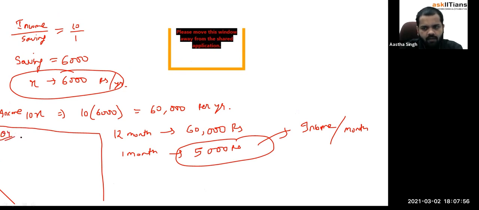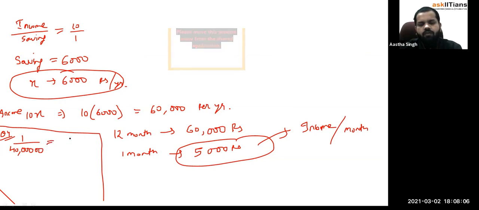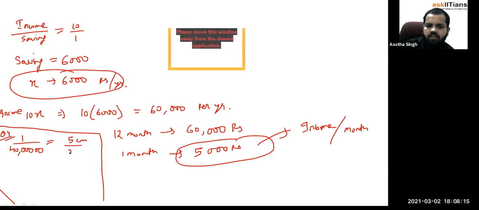Basically, the scale on a map is given, 1 by 40 lakh, and they are 5 centimeters apart. So you can write 5 centimeters upon the actual distance. Suppose it is x. So x will be equal to, if you just cross multiply, 5 into 40 lakh, which is 200 lakh centimeters.